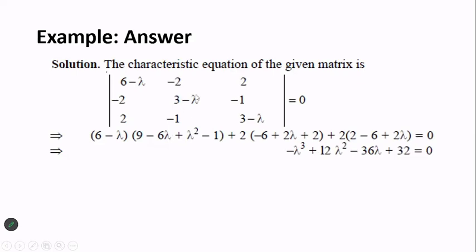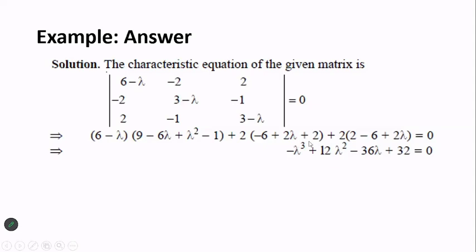cubic level. So whenever we are given a matrix, we put minus lambda on the diagonal elements, 6 minus lambda, 3 minus lambda, 3 minus lambda, and equate it to 0, and then we find the determinant. And this is the first expression, just after we find the determinant, without doing any further simplification.